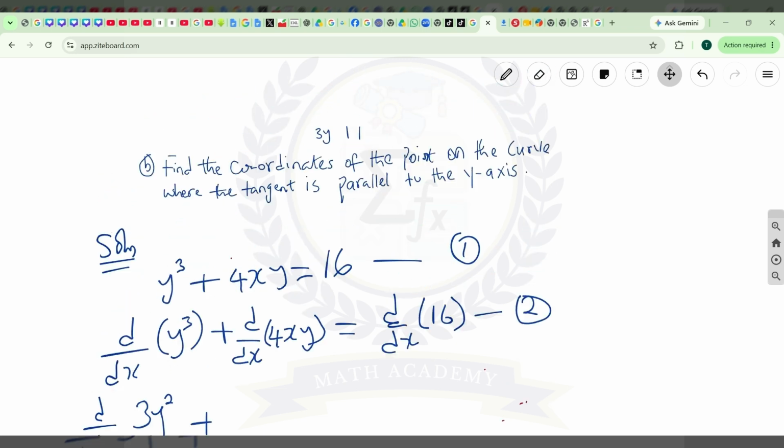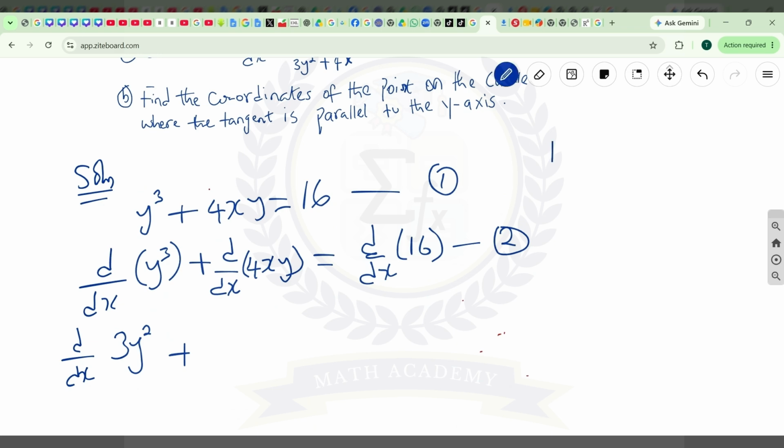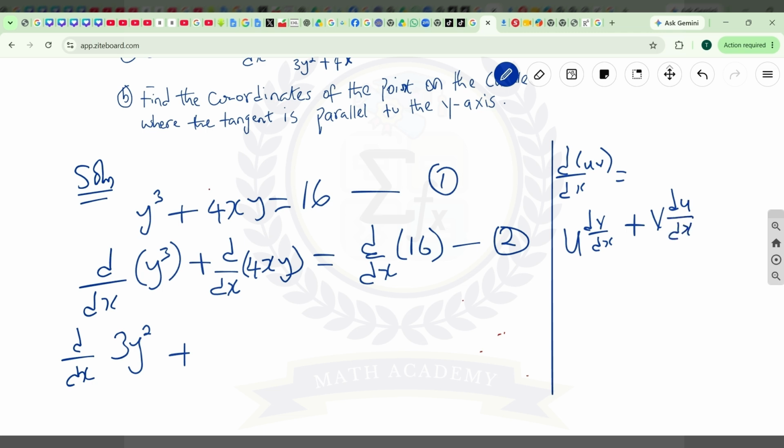using the product rule, I'm just going to explain this. The product rule states that d/dx of uv is equal to u dv/dx plus v du/dx.